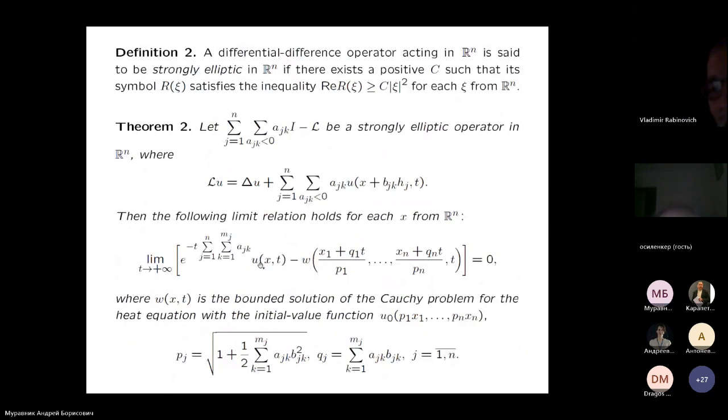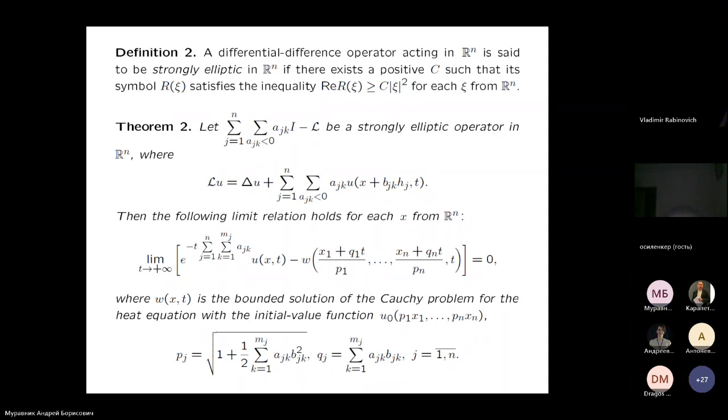We multiply the solution by an exponential term, and this gets the solution back to the class of bounded functions. And for this weighted solution, we have the closeness theorem.